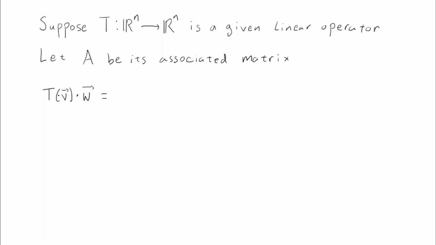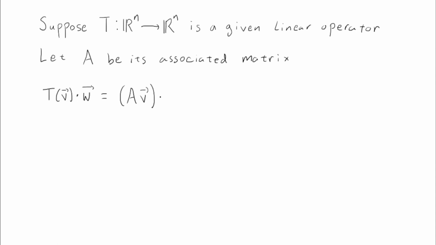So can you somehow pass this T over? Okay? And the answer is you kind of can, in a way. So what you can do here is you can rewrite T of V, we know, is the matrix A times the vector V.